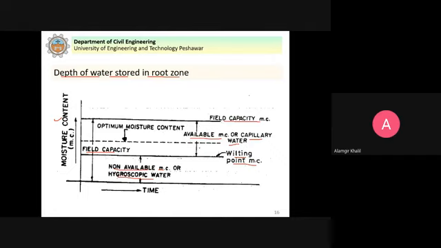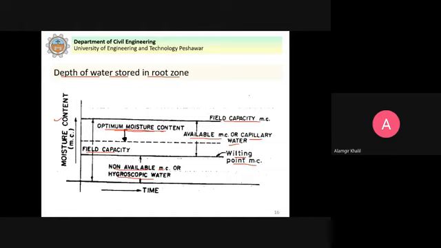Now you can see that the optimum moisture content is above the wilting point. Why is it called the optimum moisture content? At the field capacity the water is available to the crops for their growth, and then the moisture content will drop, and it can come to the wilting point.